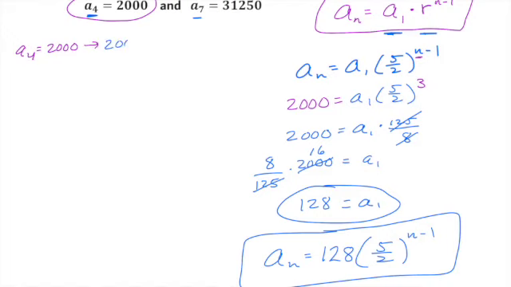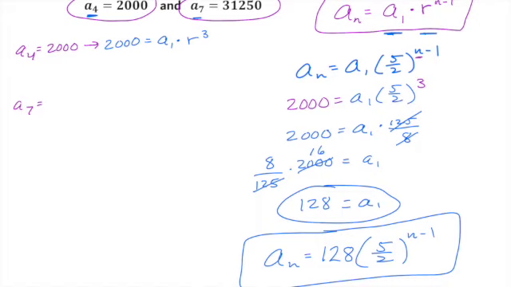So I set this equal to 2000, and that is equal to a sub 1, which let's pretend you don't know, times r, which you also don't know yet, to the n minus 1. And n is 4, so 4 minus 1 is 3. So what you have here is two variables that are unknown, a1 and r. But you have a second point to use, so you can make a system of equations out of it.